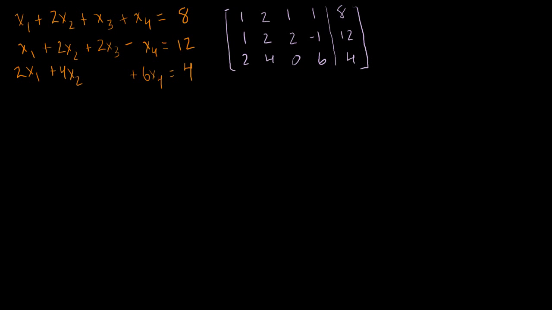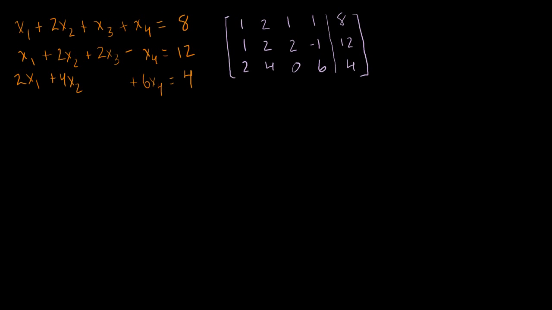Now let's put this guy into reduced row echelon form. So the first thing I want to do is zero out these two rows right here. I'm going to keep my first row the same for now. So it's 1, 2, 1, 1, 8. And that line essentially represents my equal sign.